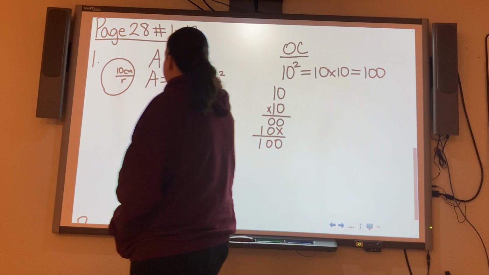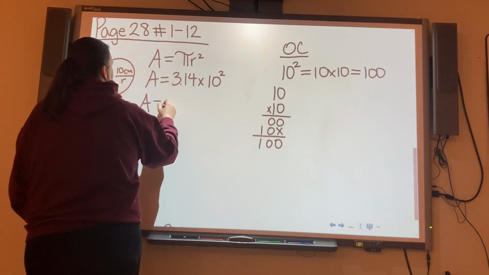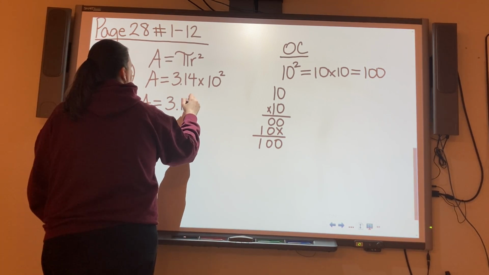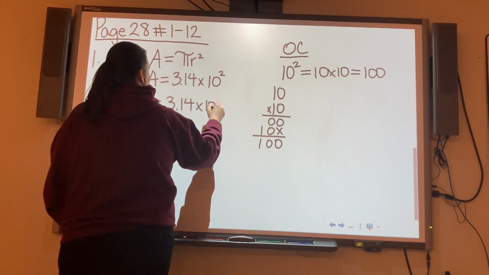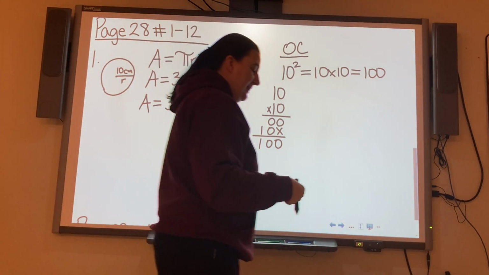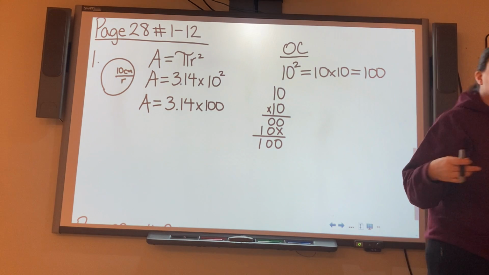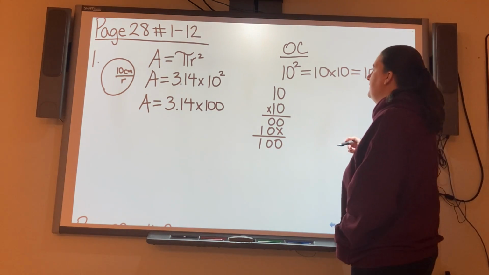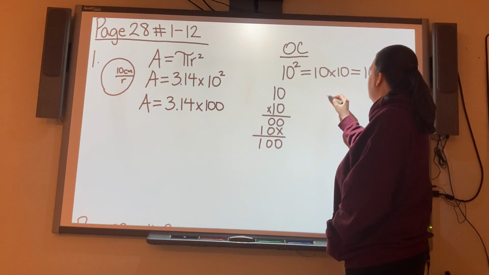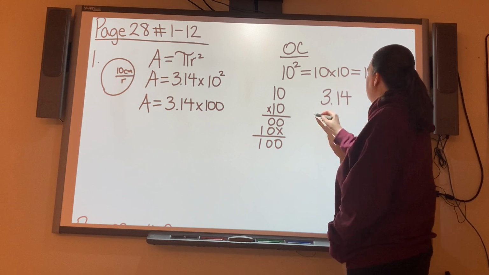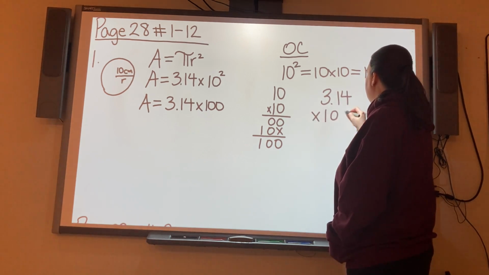So, area equals 3.14 times 100. Now, there is an easy way of doing that. However, we're going to do it the long way. So 3.14 times 100.